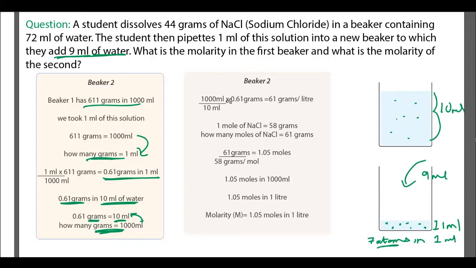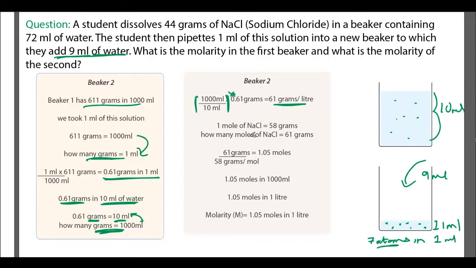But if we do this upscale factor here, how much bigger is 1,000 than 10 mils? 1,000 divided by 10 mils times the amount in grams, 0.61 grams, equals 61 grams per litre.